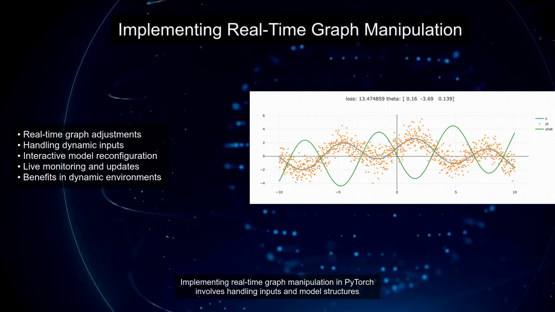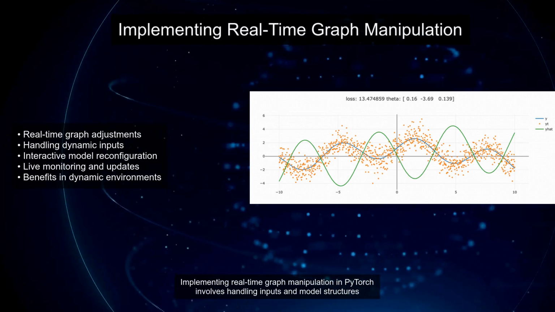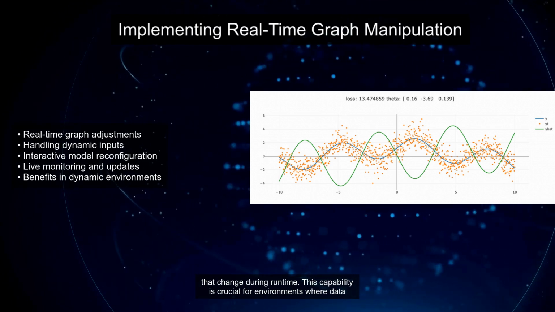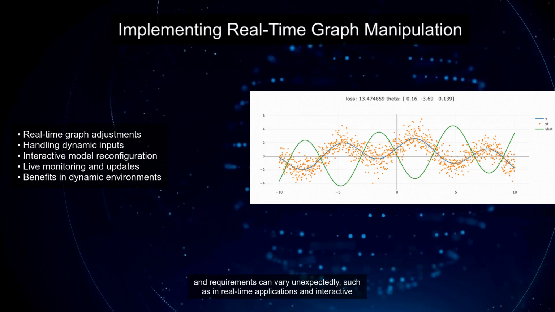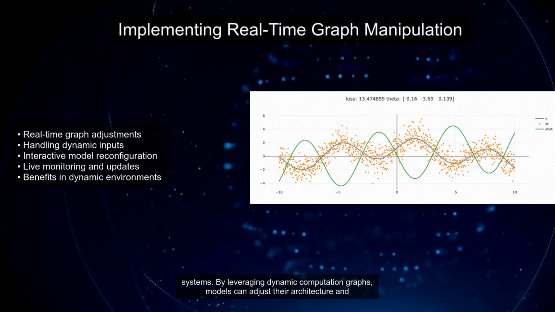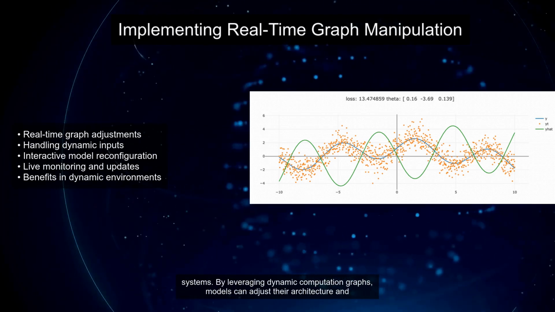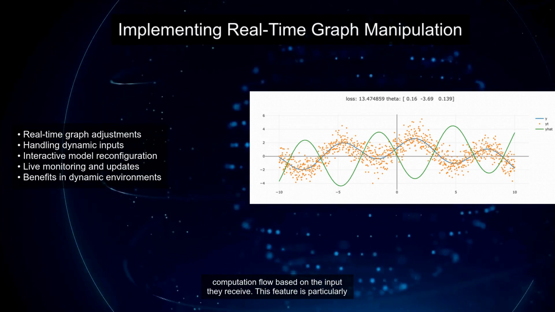This process is efficient and requires minimal setup, making it easier for developers to focus on designing and optimizing their models. Implementing real-time graph manipulation in PyTorch involves handling inputs and model structures that change during runtime. This capability is crucial for environments where data and requirements can vary unexpectedly, such as in real-time applications and interactive systems. By leveraging dynamic computation graphs, models can adjust their architecture and computation flow based on the input they receive.